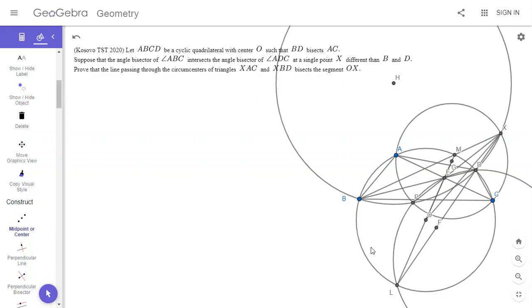P is the center of the spiral similarity between BD and ML, and also BM and DL, of course.